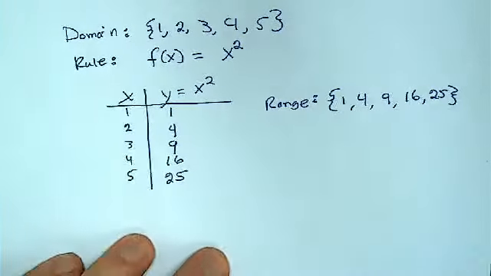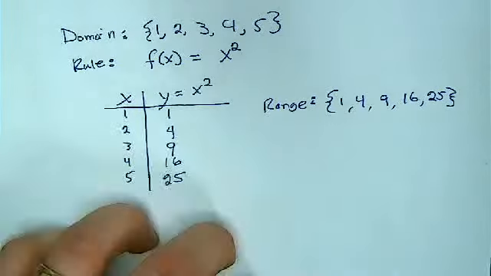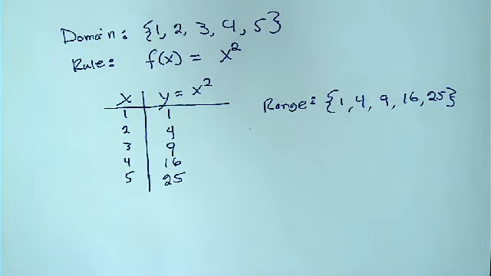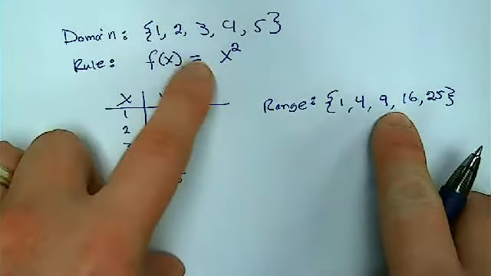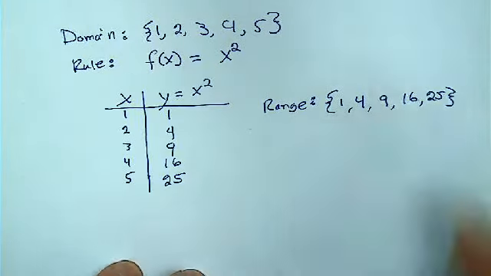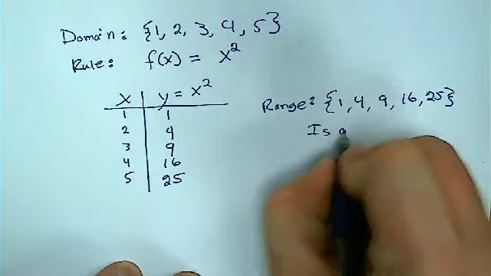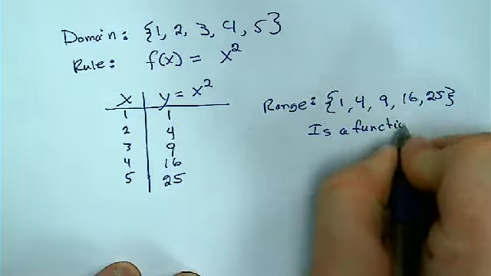Is this a discrete or a continuous function we're looking at? What do you think, Miriam? Discrete or continuous? For this function, this is my domain, here's my range, here's the rule. It is a function, but is it discrete or continuous?